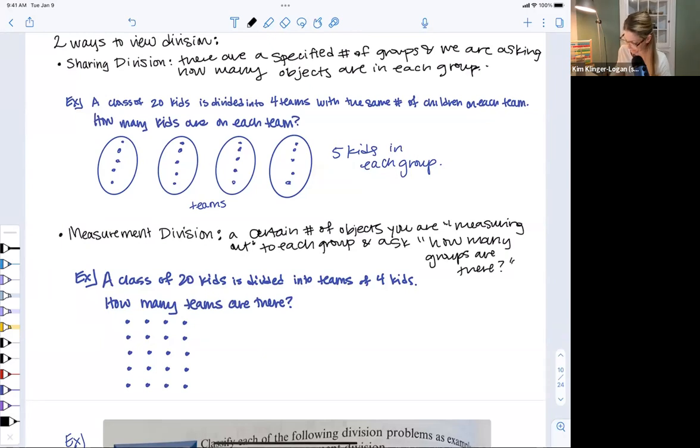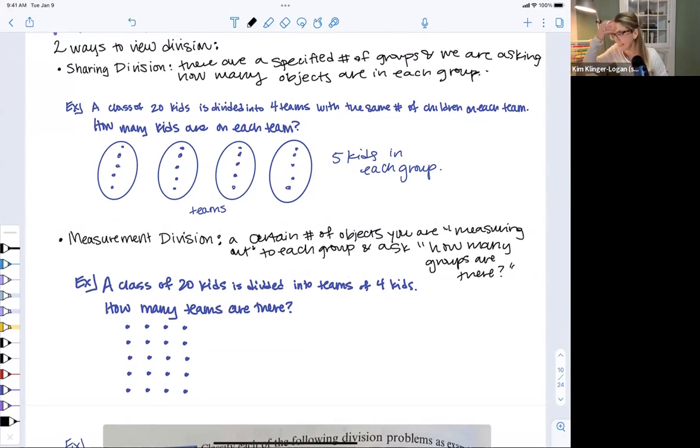In this same analogy, if I have a class of 20 kids and I want to divide into teams of 4 kids, I just break off the first 4 kids and the second 4 kids and the third 4 kids, and so on.